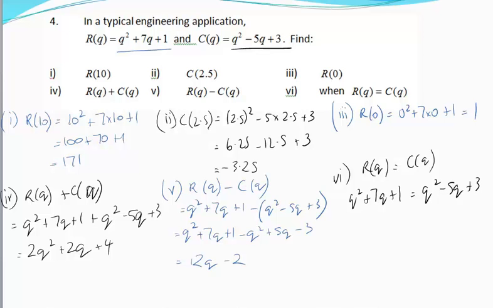So we move our q squareds and our q's over to this side. q squared plus 7q minus q squared plus 5q, and we move our 1 over to the other side is 3 minus 1. q squared minus q squared is nothing. 7 plus 5 is 12q. Here 3 minus 1 is 2. So q is equal to 2 on 12 is equal to 1 on 6 here.